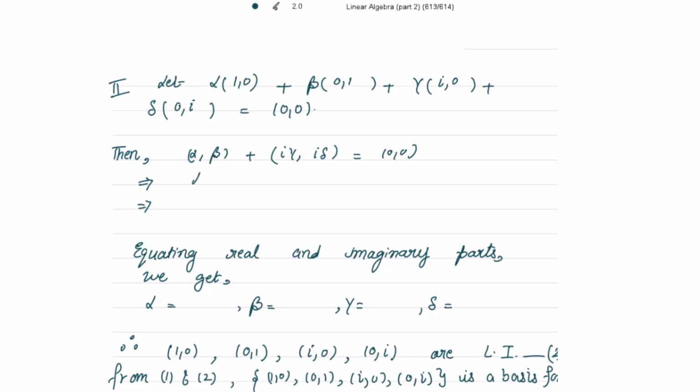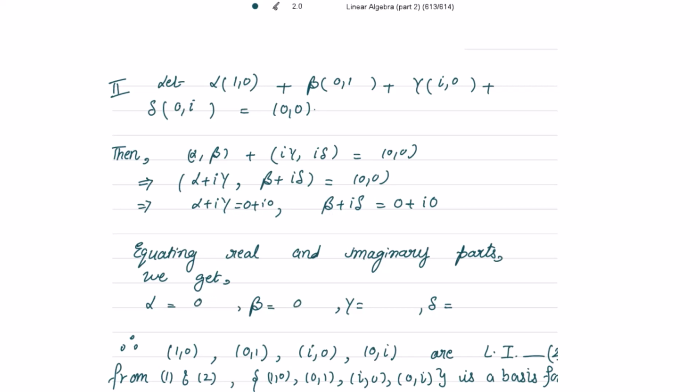Okay, again adding this, alpha plus i gamma, and I get beta plus i delta. This is equal to (0, 0), which means alpha plus i gamma is 0 and beta plus i delta is 0. Now equating the real and imaginary parts, because 0 can also be written as 0 plus i0, you get alpha to be 0, then beta is 0, then gamma.